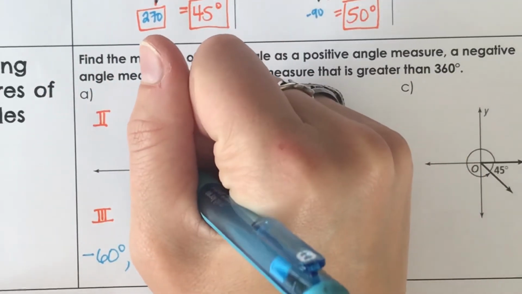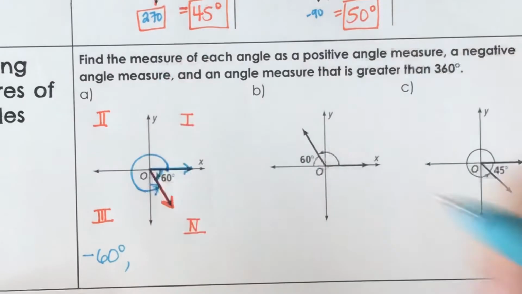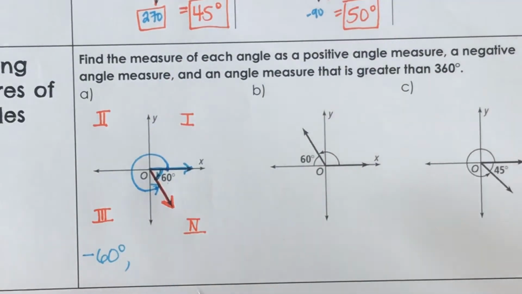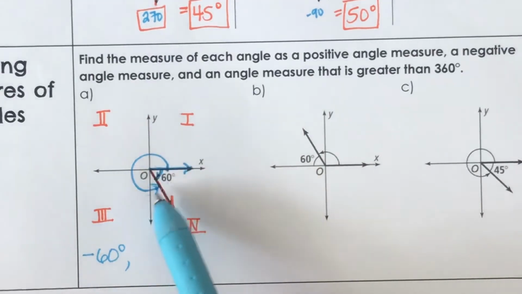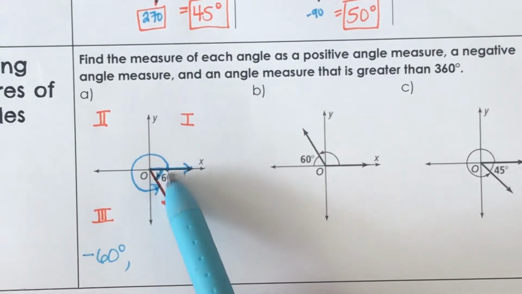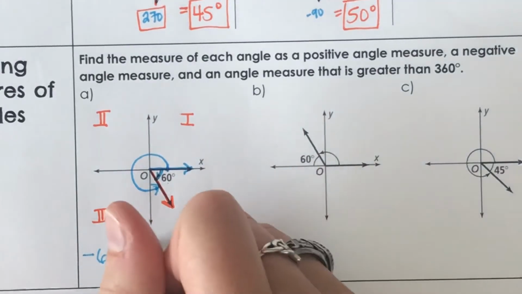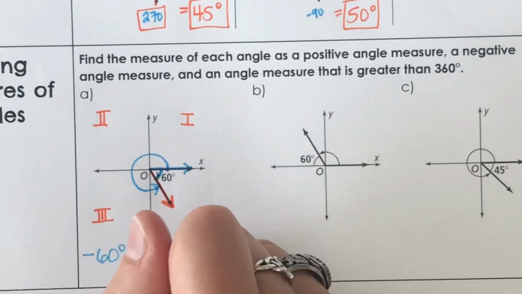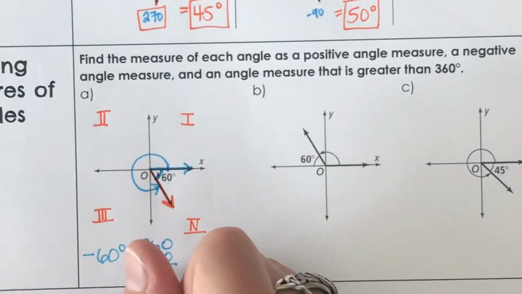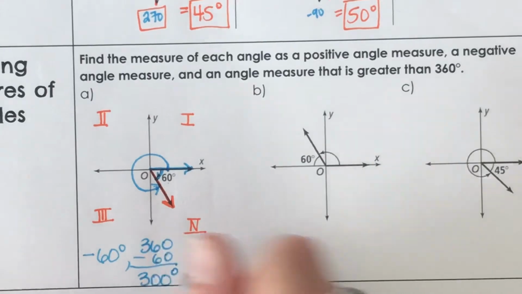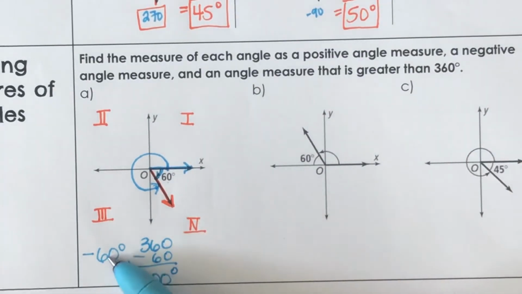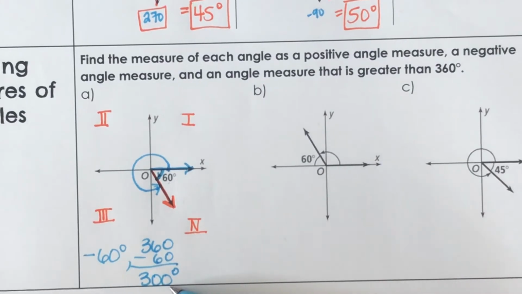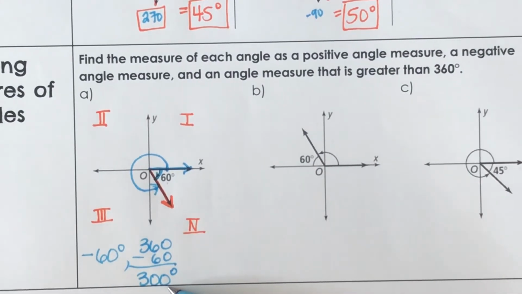So I could take 360, which would be the whole circle, and subtract the 60 from it. If I do that, I get 300 degrees. And there it is as a positive angle value. So negative 60 and positive 300 degrees are coterminal angles.